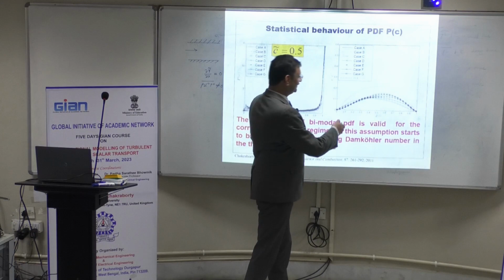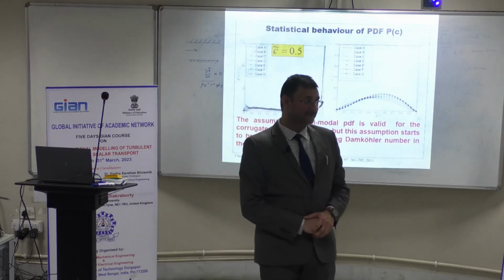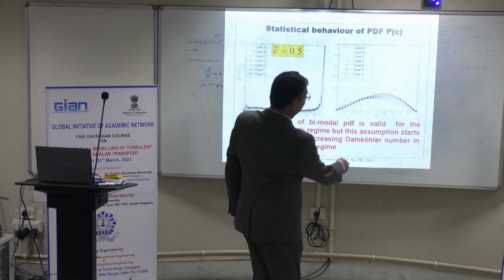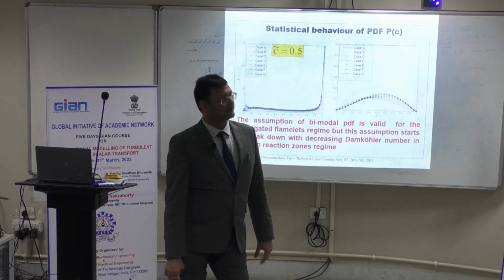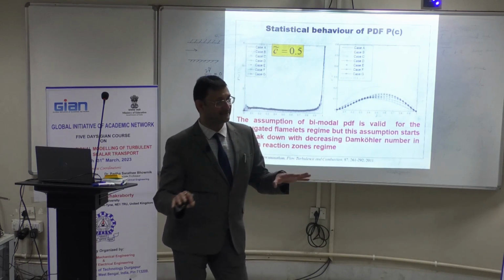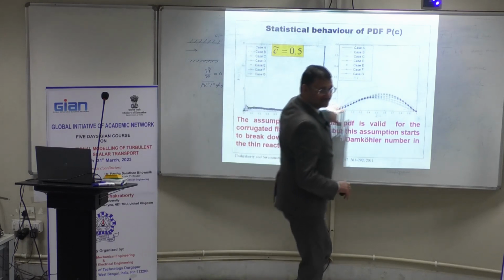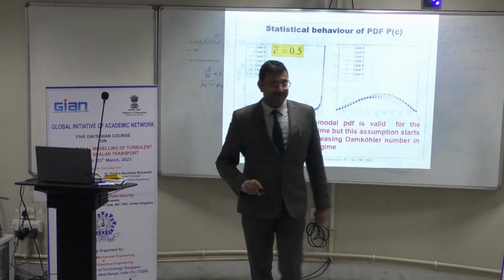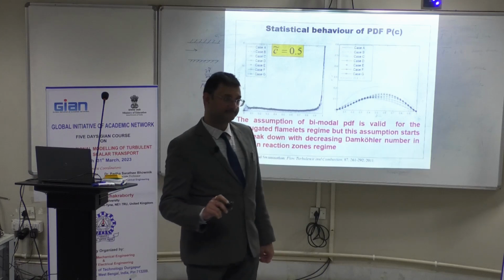You can see it's still not equal, but close enough. These cases have a Damköhler number of the order of 0.3. Clear? So all the things that we have mentioned so far, we are showing the evidence of that based on direct numerical simulation. Fine?